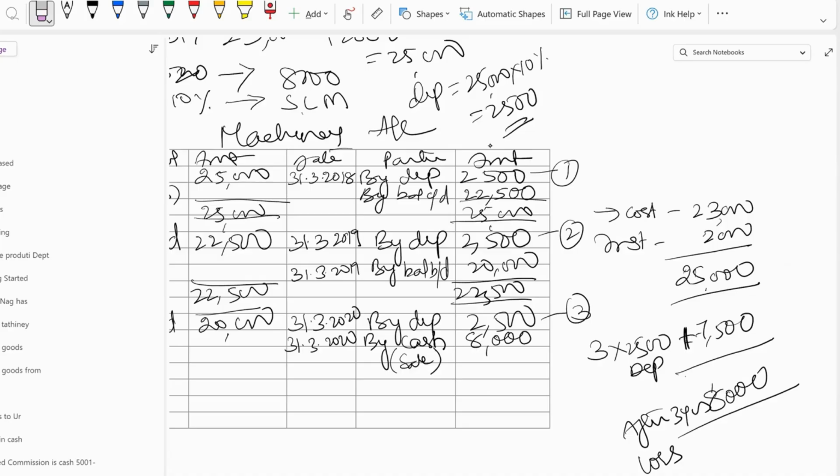If you deduct 8,000, 9,500 is the loss. You just check once in calculator.